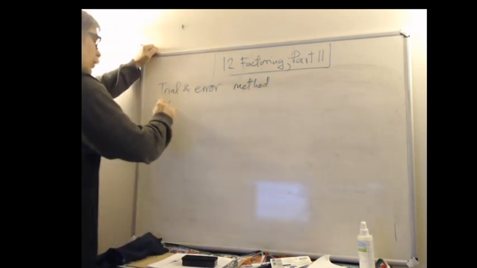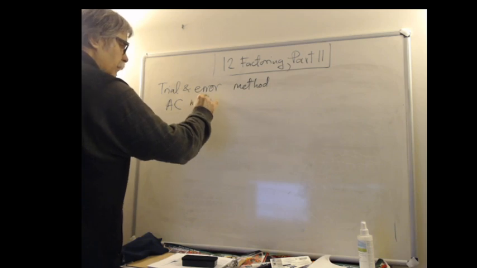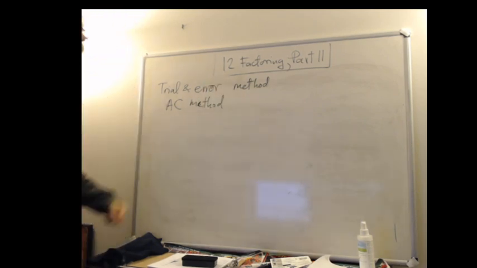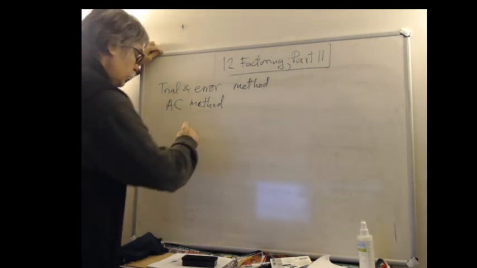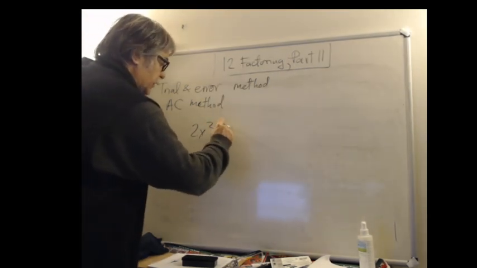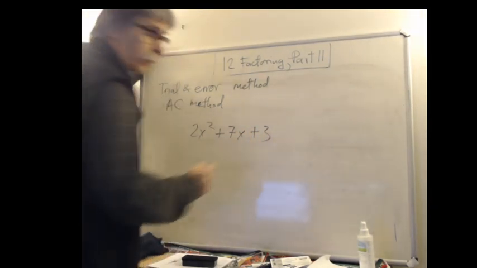Okay, there's another method called the AC method. Now, that sounds like an air conditioning method, but it's not. It's just AC method based on how we call coefficients. So we have 2x squared plus 7x plus 3. We had something like that before.